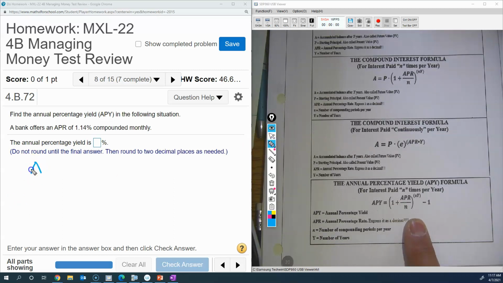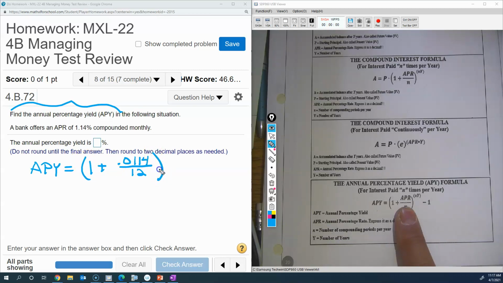So APY, because it says find the annual percentage yield. 1 plus 0.14 divided by 12. That's our compounded. That's going to be 12 times 1 year.